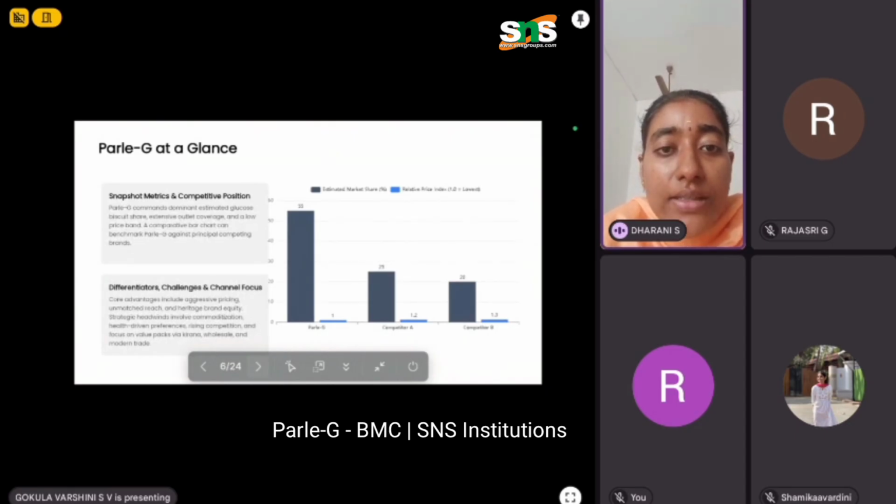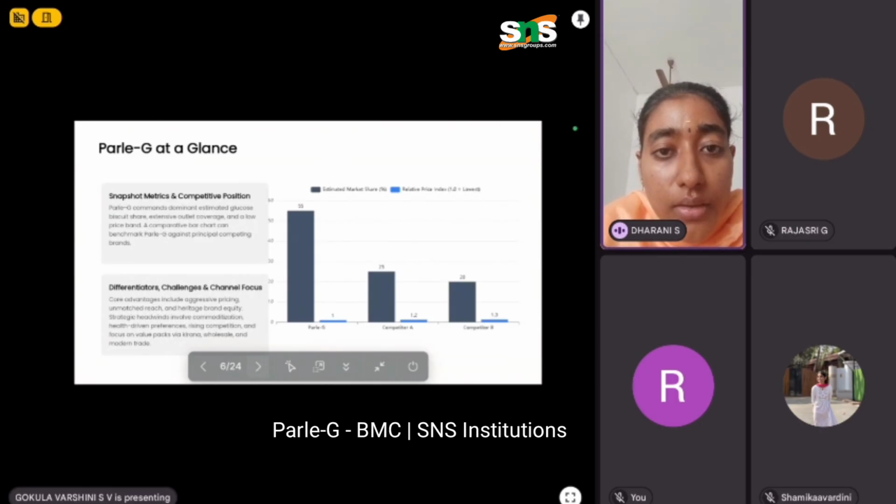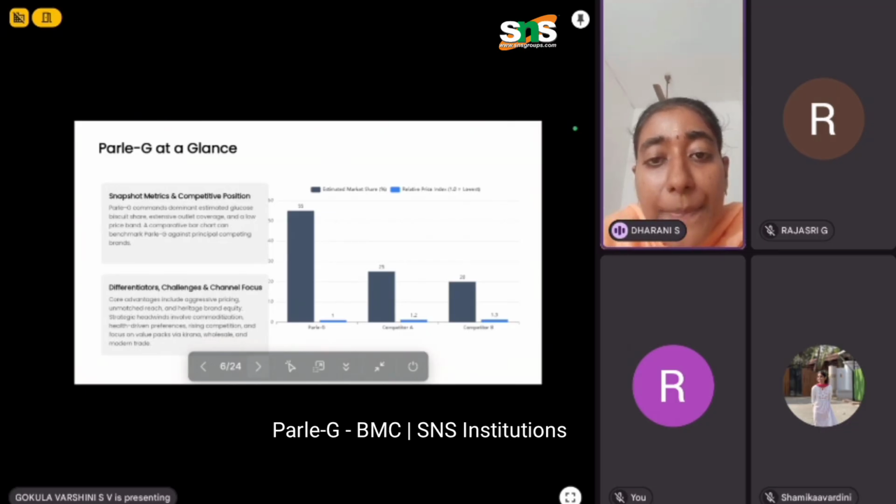Parle-G has many competitors that compete with the low price brand, compared with the bar chart. It will compete with competitor A and competitor B. Differentiators, challenges and channel focus: core advantages include aggressive pricing, unmatched reach and heritage brand equity.